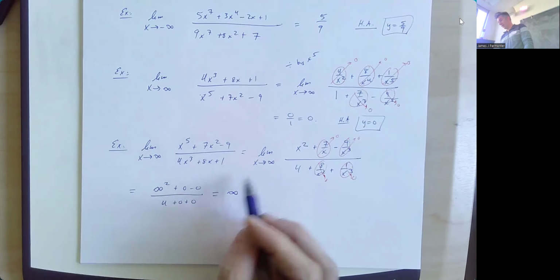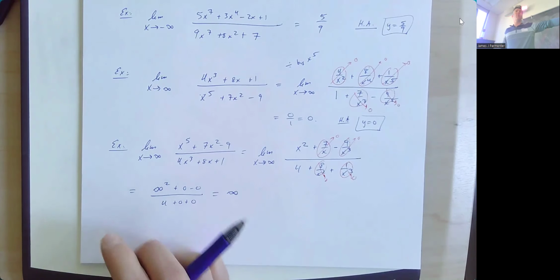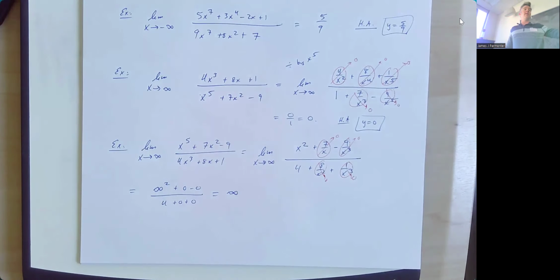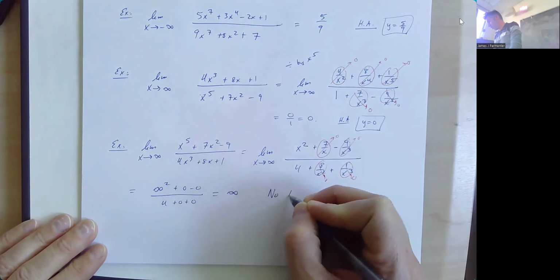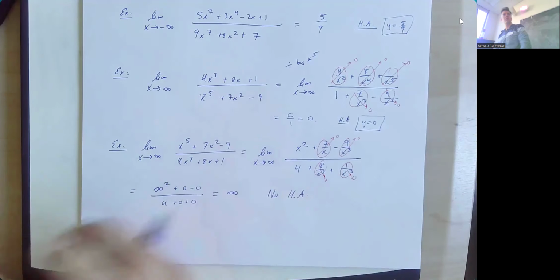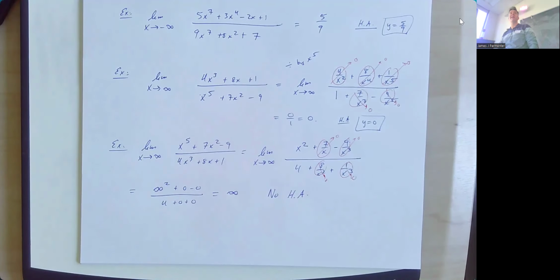Meaning, if you were to graph this and you went way, way to the right, the y values would get larger and larger forever and ever. It would also mean that there's no horizontal asymptote, because the function's not getting close to any particular y value. It's just getting larger and larger.